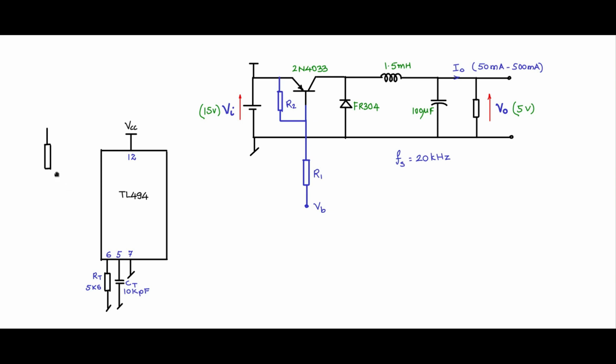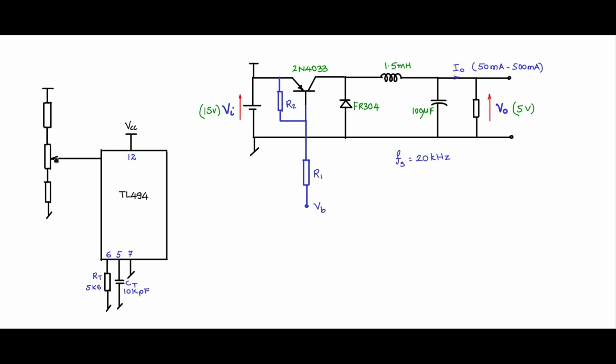Next, let me give something to vary the duty cycle. So I will use a potentiometer and two resistances in this fashion. A fixed resistance connected to VCC, a fixed resistance connected to ground, and in between I am having a potentiometer. So this is the variable resistance.